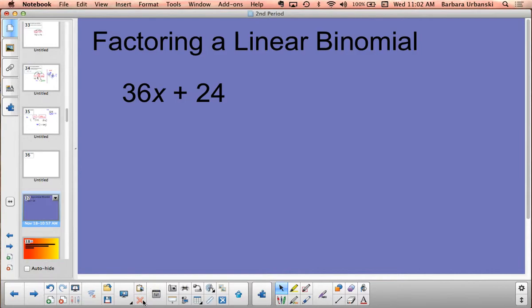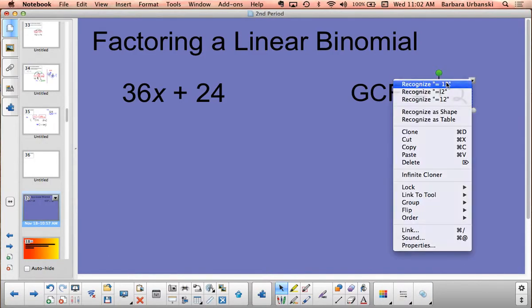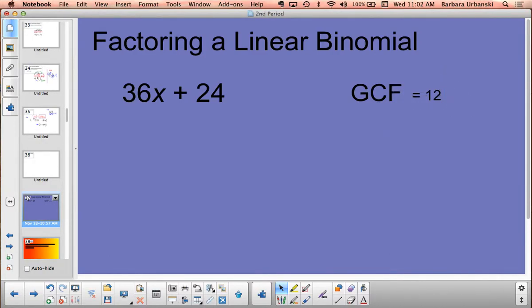And we should probably realize that our greatest common factor for 36 and 24 is going to be 12. Now, students can use the calculator to find this, which is just fine. I have no problem with them doing that. So the greatest common factor we have is 12.